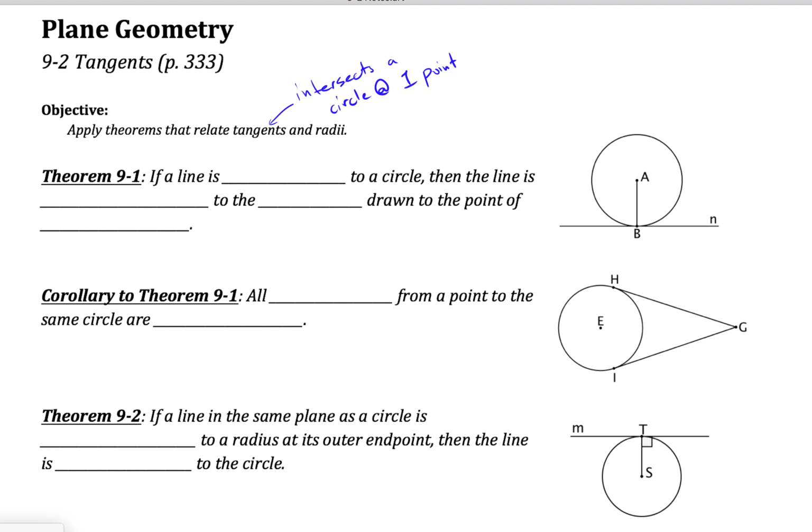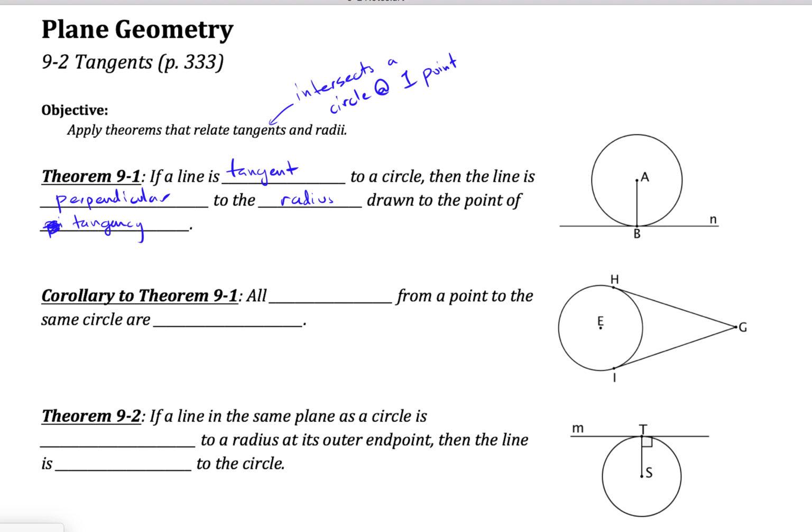All right. To start off with, we have theorem 9-1, and it says that if a line is tangent to a circle, like we have line N right here, tangent to circle A, then the line is perpendicular to the radius that would be drawn to that point of tangency. I already have a point over there, so I just need the point of tangency.